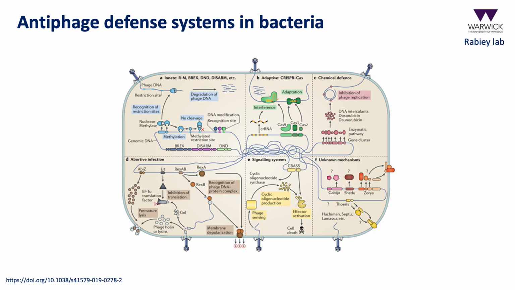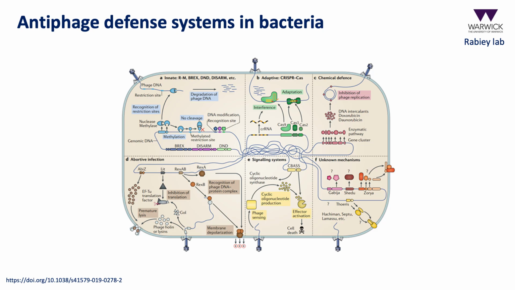But another thing we need to consider when we're talking about phage-bacterial interaction is anti-phage defense systems. Through the evolution of phages and bacteria over years and years, bacteria developed these systems we call anti-phage defense systems. It's very complex. I don't want you to understand everything in one go, because this is a complex image.